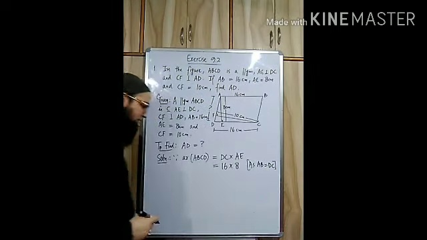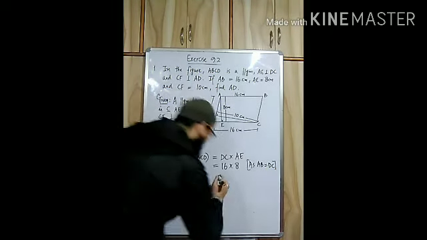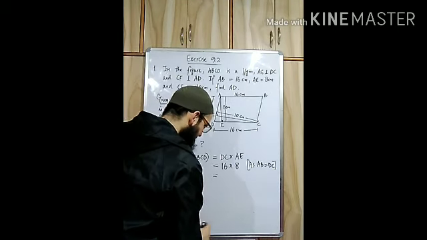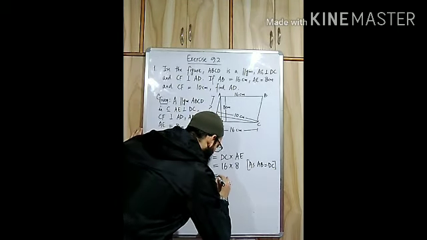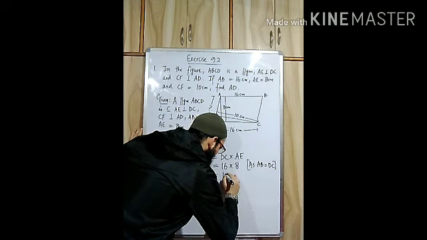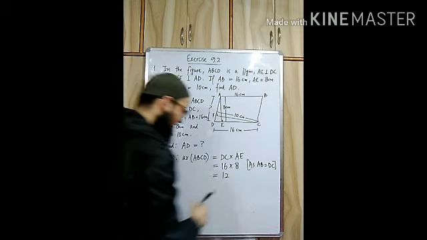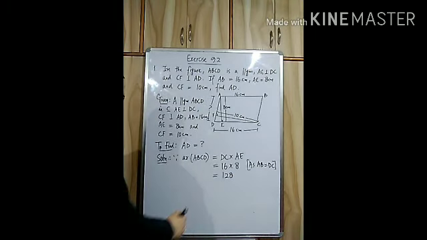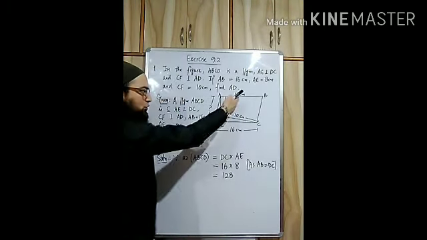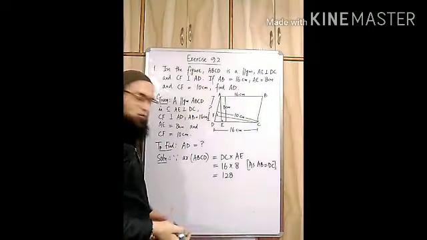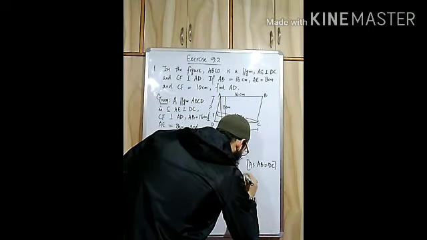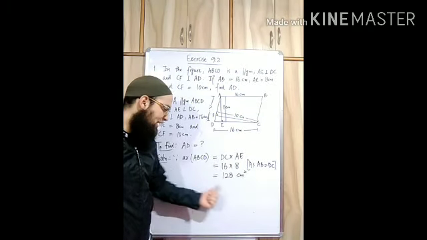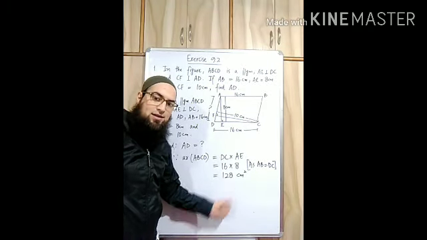This is your reason here. Now it's 128. Now area units are centimeter and area is in square units, so it's square centimeter. So you got your area of ABCD as 128 square centimeter.